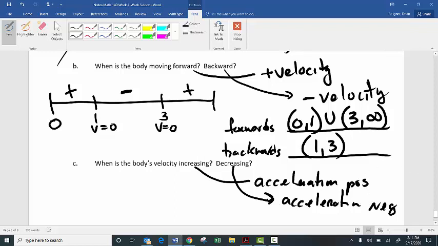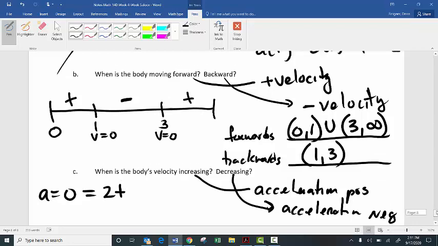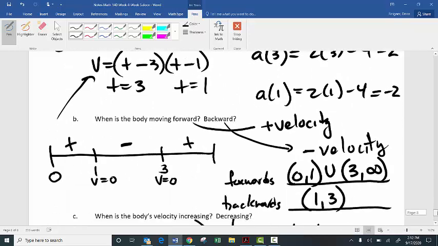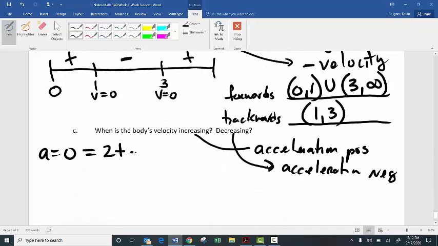So now what we're going to do is set the acceleration equal to 0 to figure out where the acceleration is positive or negative. So the acceleration function was, up here, I think, 2t minus 4, okay? So you set it equal to 0.